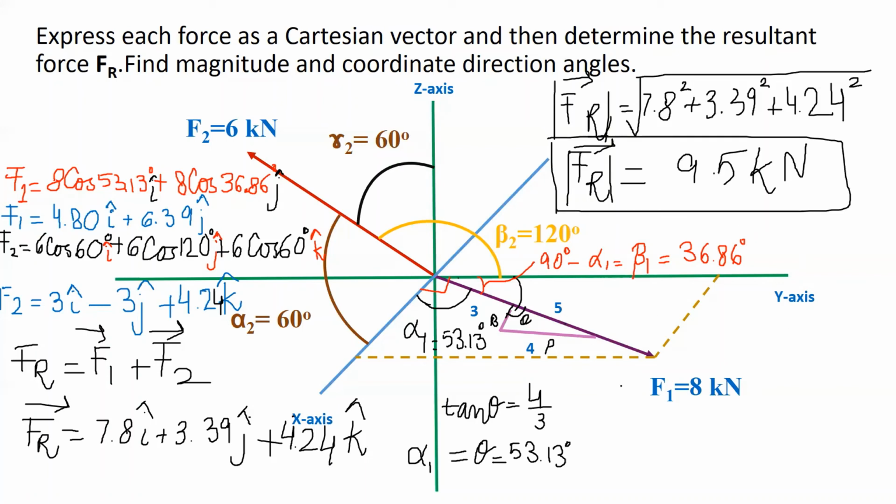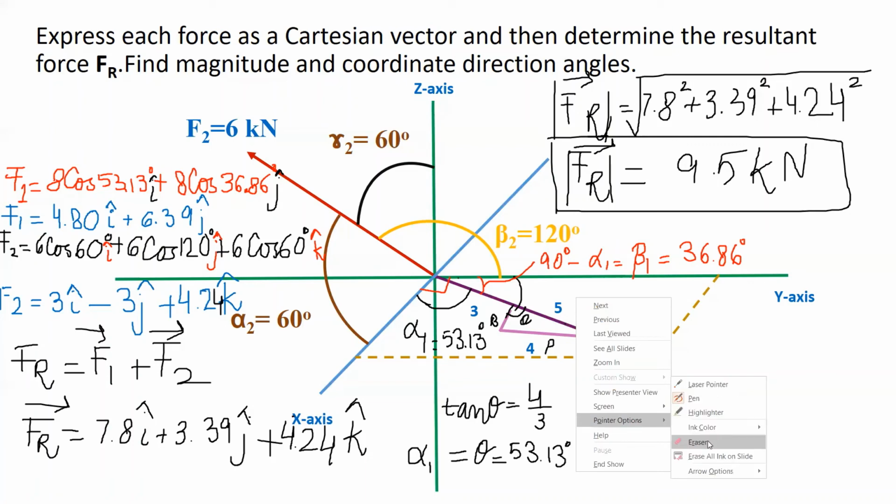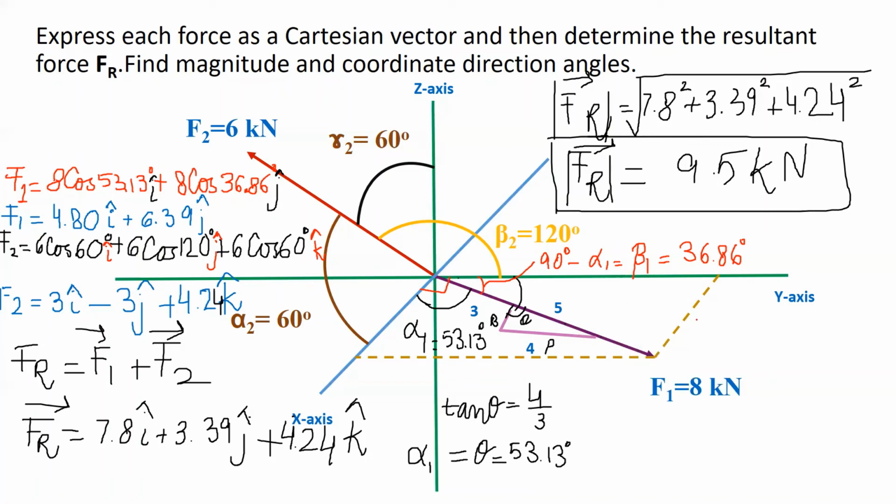Now obviously after this you have to find the coordinate direction angles. I am taking the red marker here. For cos alpha equals 7.8 divided by 9.5, and you will be able to find alpha from here. Cos beta is 3.39 divided by 9.5, and then you will get your beta.